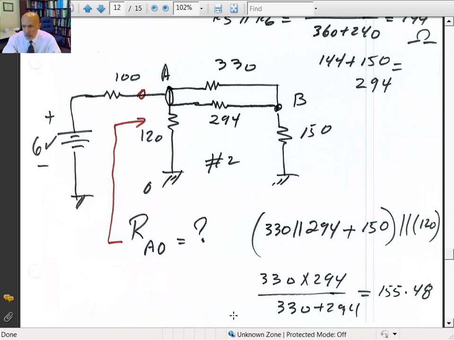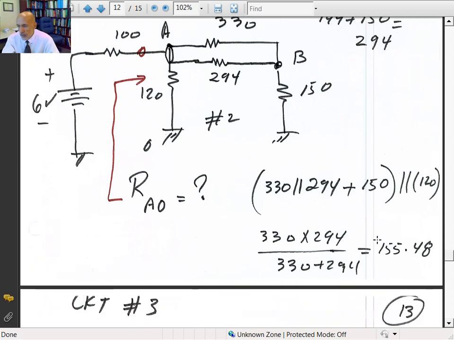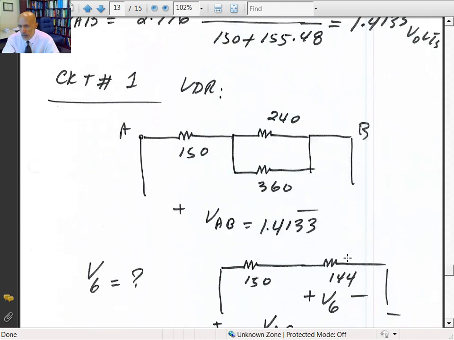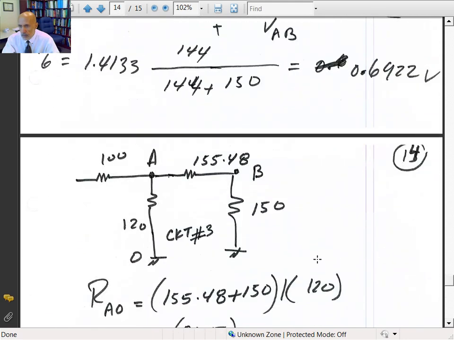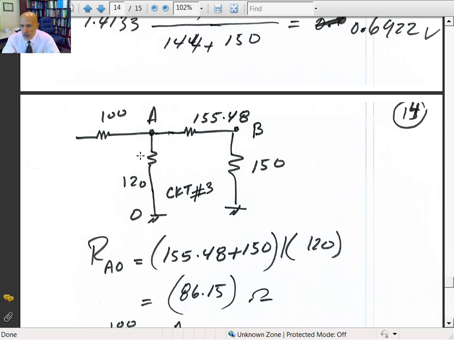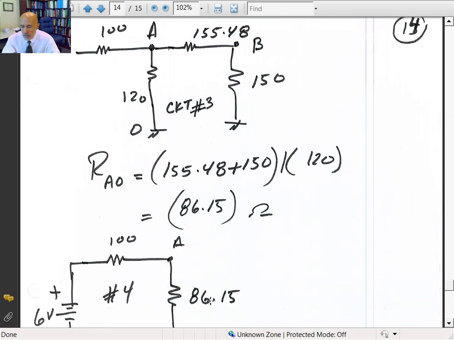So 330 in parallel with 294 gives you 155.48. Add that to 150. We'll look at circuit 3. 155.48 in parallel with 120. So the resistance from here to the ground is equal to 86.15.